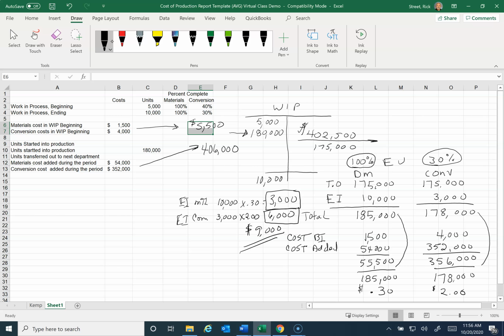And our T account is in balance. Debits equal the credits going out. And we've done a complete process costing system.